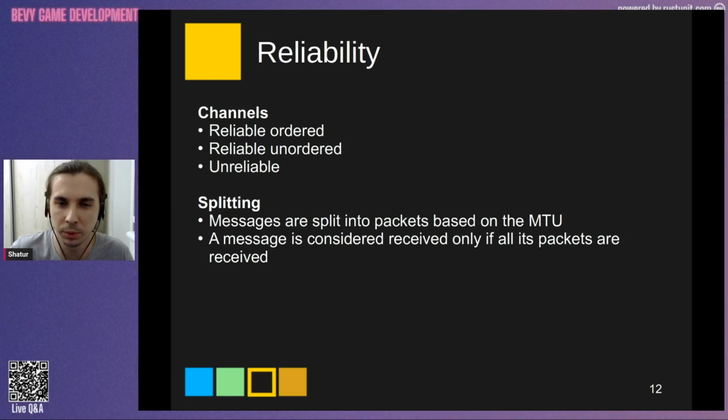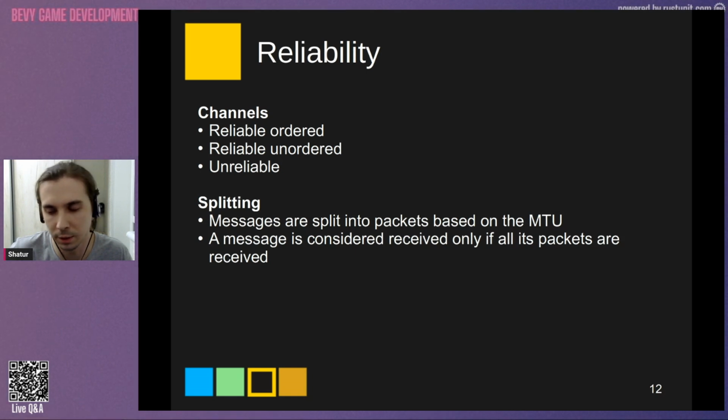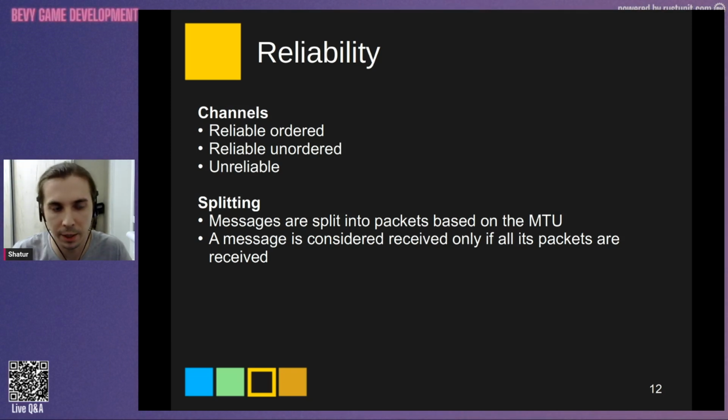It's the maximum transmission unit. For Ethernet, it's usually 1,500 bytes. So the messages are split into packets, and the message is considered received only if all its packets are received. That's how a messaging crate works.